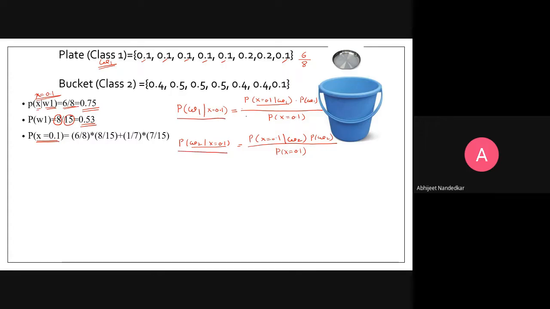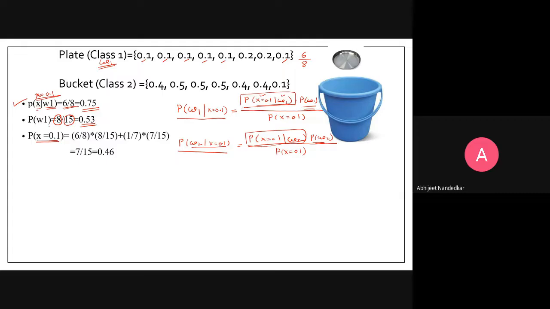So to do that, I need to find this from the likelihood and these priors. Okay, then I can take a decision. So here we have computed probability of x given omega 1. Probability of x given omega 1 is computed as 0.75.